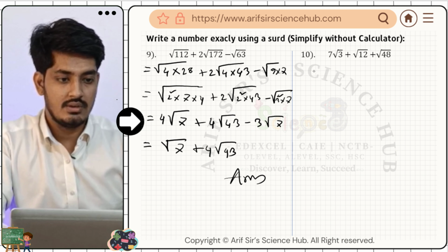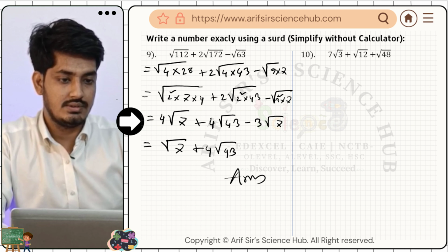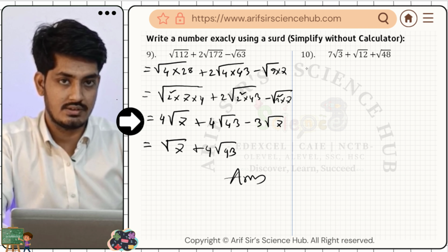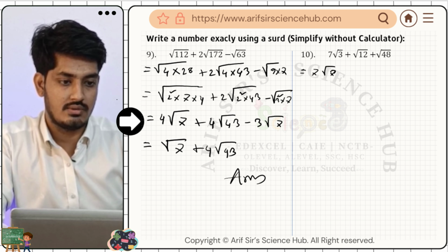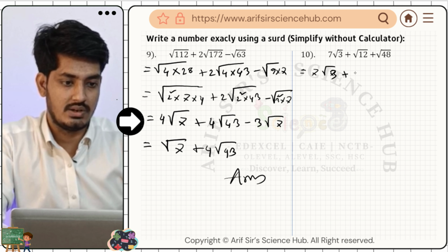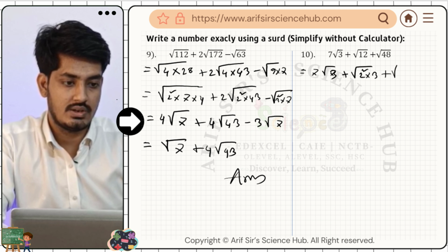Okay, so now let's solve these equations. That means the question number 10 or the exercise number 10. So for the exercise number 10, we can just solve this. Square root 3 plus, we can just make 2 square, that means 4 into 3 plus 4 into 12.